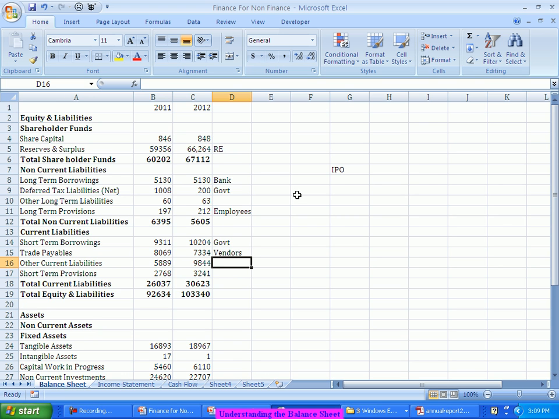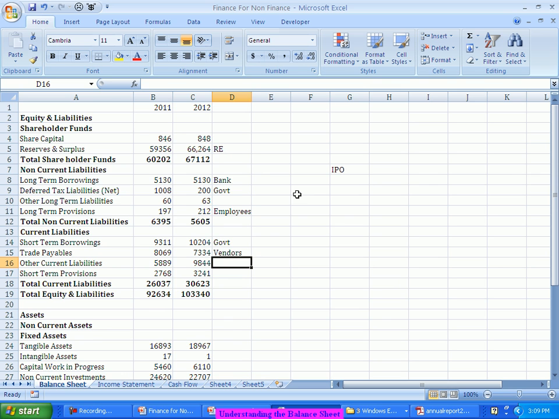So that means probably you will pay it the next month or whatever, depending on the deal you have between your vendors and you. They have said, okay, I need the payment within the next 30 days or 60 days, whatever it is. So that is what is boiling down to your payables.